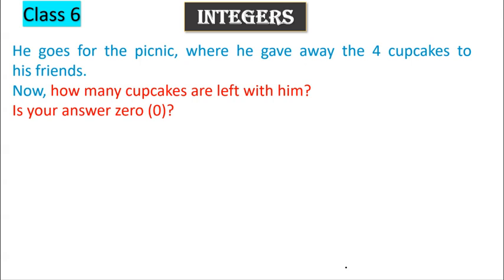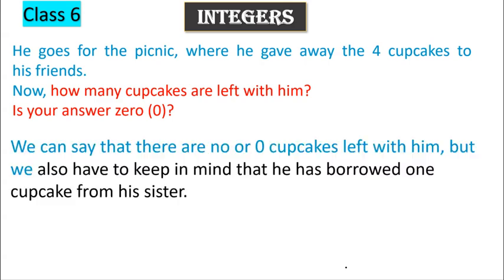It's very clear he had 4 cupcakes and he has given each one of them. So there are no cupcakes left with him, or we can say that zero cupcakes are left with him. But keep in mind that he has borrowed one cupcake from his sister.